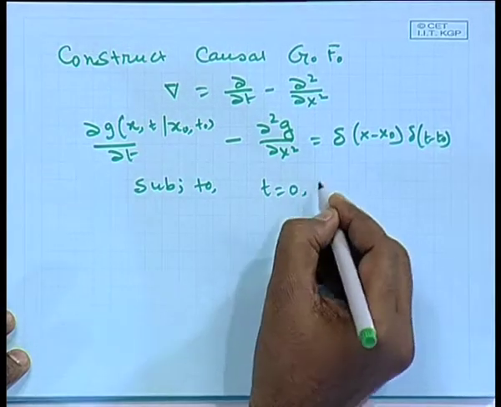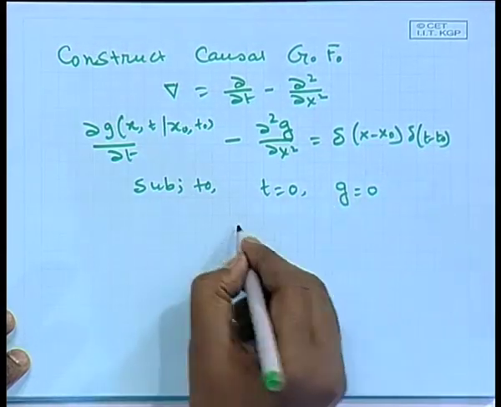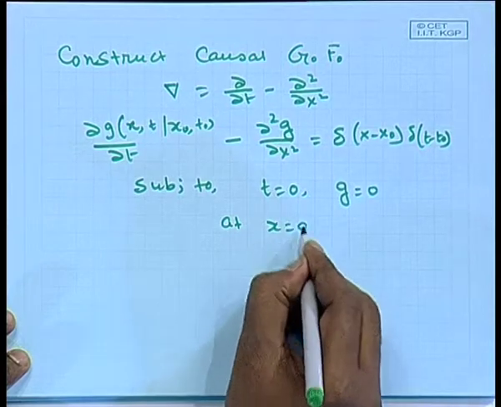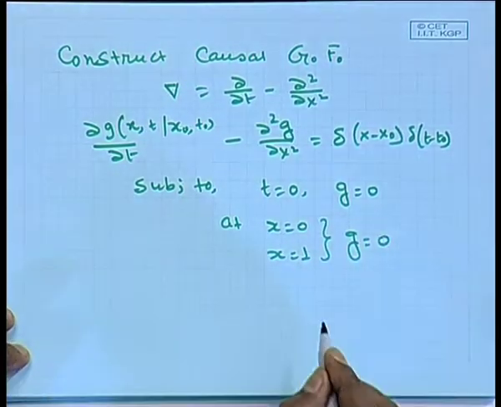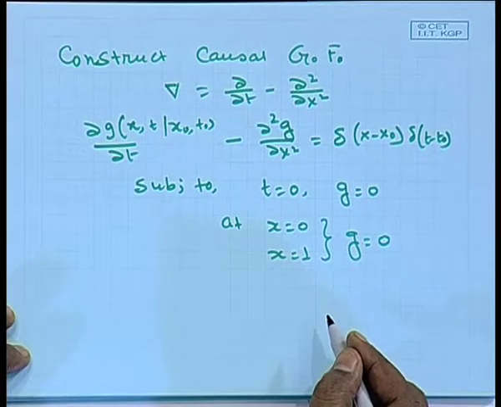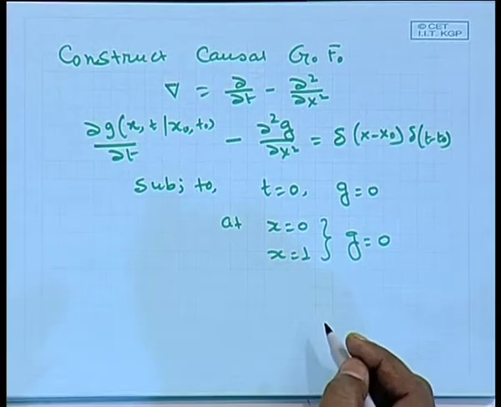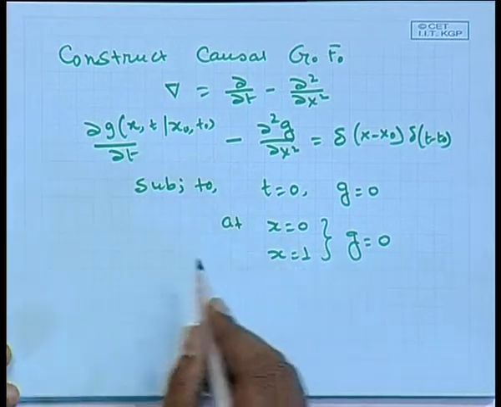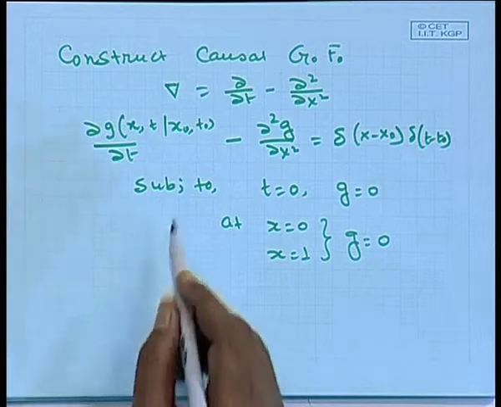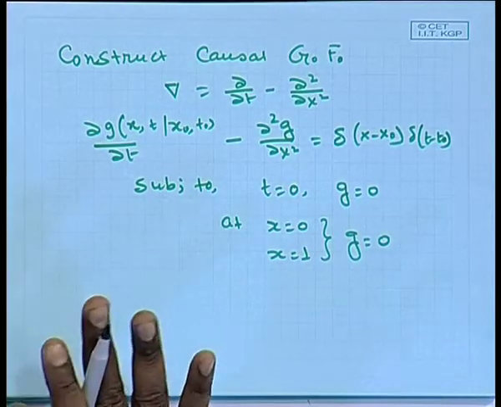At time t equal to 0, your g is equal to 0, and at x equal to 0 and at x equal to 1, we are having g equal to 0. Now, as we have discussed in the last class, whenever you have a partial differential equation whose domains are bounded, then you are going to use full eigenfunction expansion to estimate the Green's function.